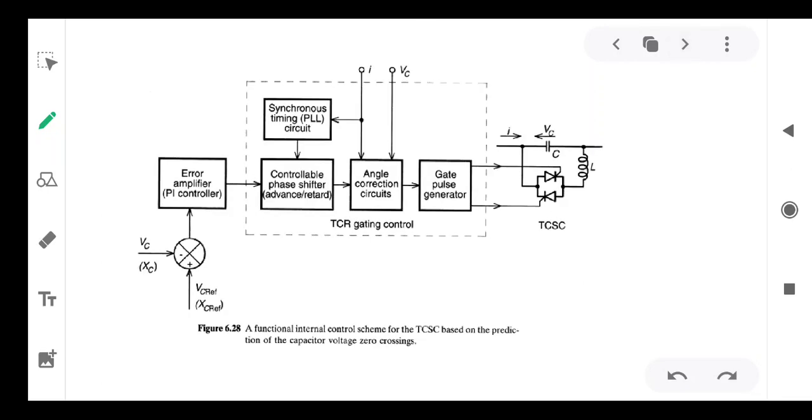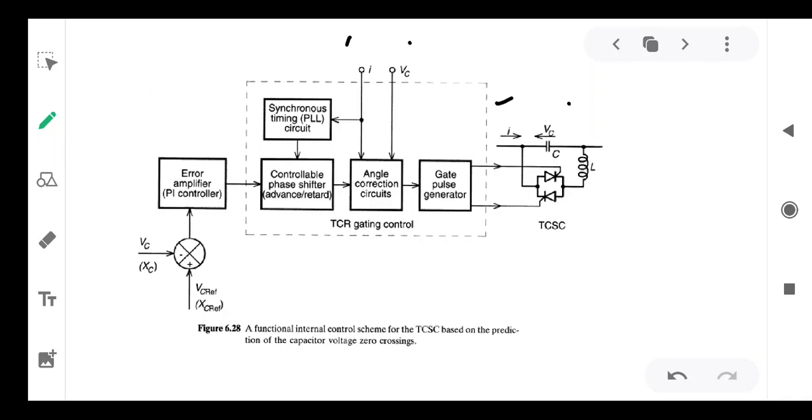This is the second control circuit in which the actual current is taken and the reference is given. From the actual current you will calculate the remaining values. This is the VC, same VC here. This is the IC, this is the I. The same current is used here.